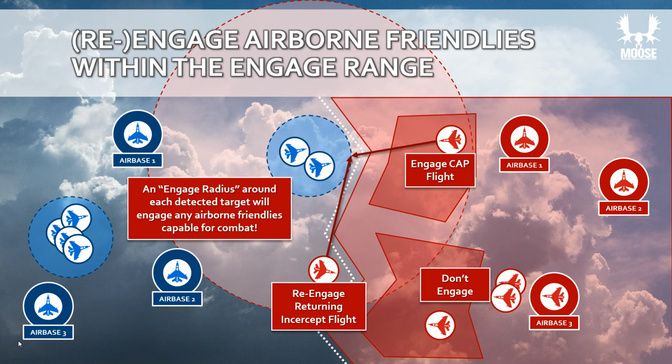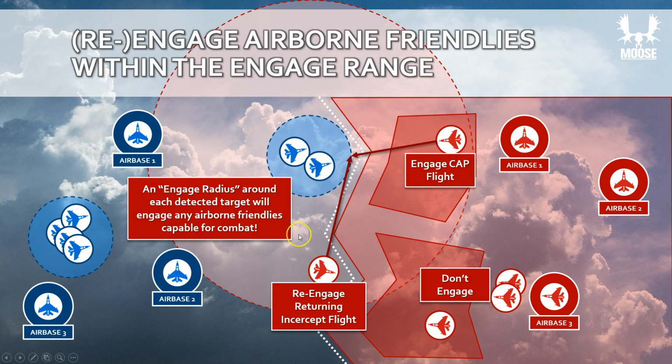You may remember, as part of one of the earlier tutorial series, that the control air patrol flights are patrolling within a patrol zone, and the EWR network is commanding the control air patrols to start engaging certain intruders that need defense.